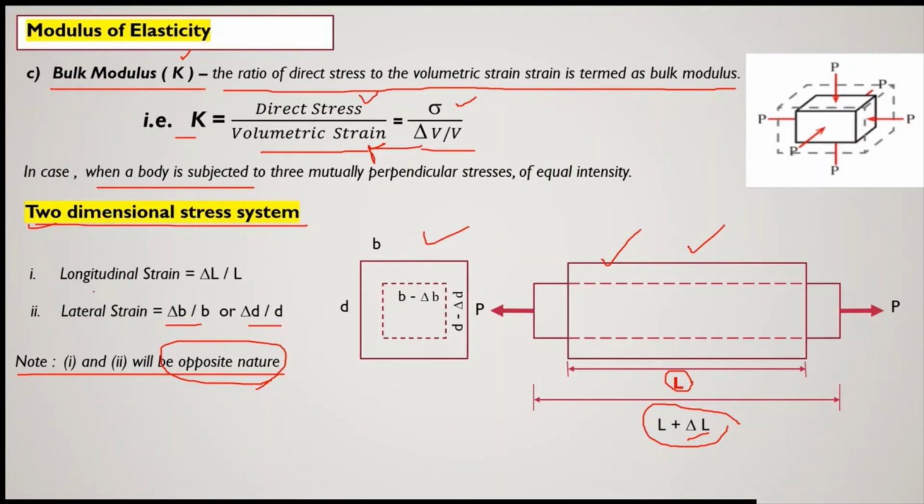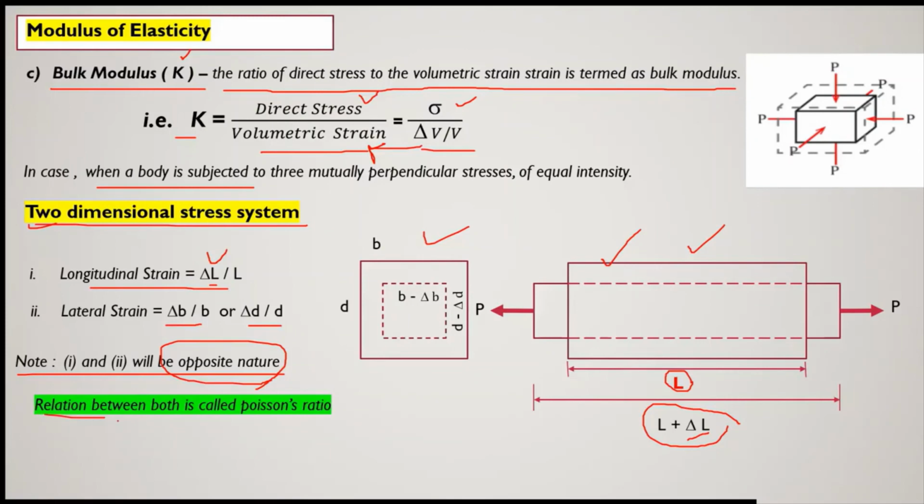So that means longitudinal strain is positive, that means it is under tension. But here the lateral dimensions are decreasing, so lateral strain will be negative. That means delta B will be negative or delta D will be negative. Here in longitudinal, delta L is positive because length is increased, but here width has decreased from the original value and depth has also decreased. So they will be of opposite nature. That means if longitudinal strain is tensile in nature, then the lateral strain will be compressive in nature.